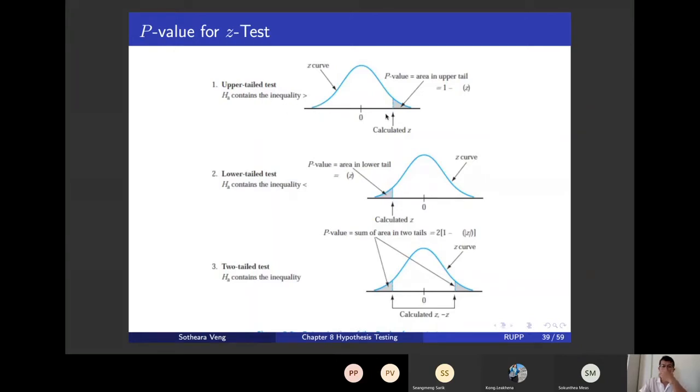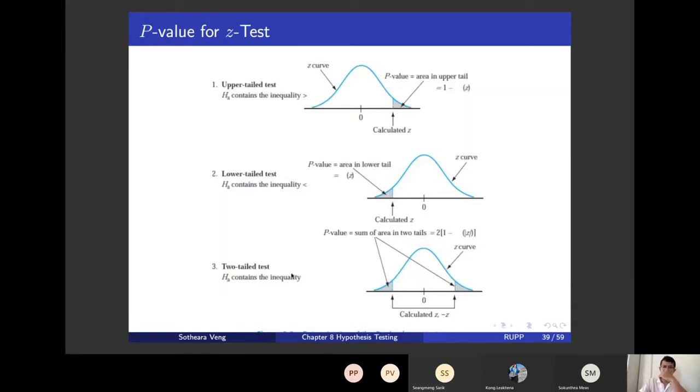When you compute the test value, the p-value corresponds to the area under the curve to the right of the test value. And for the lower tail test, or the left tail test, the p-value is the area under the curve to the left of the computed z, or test value.